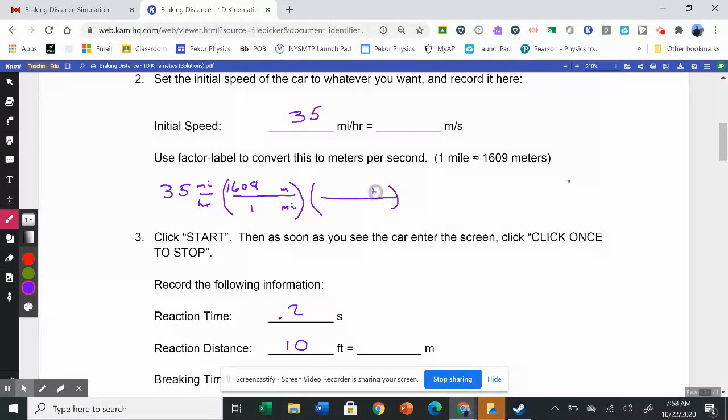Now I want to get out of hours, and I'll go to minutes, and then I'll get out of minutes and go to seconds. So 1 hour is 60 minutes, and 1 minute is 60 seconds. And when you put this all in your calculator, 35 times 1609 divided by 60, you'll get 15.6 meters per second, or to two significant figures, 16 meters per second.